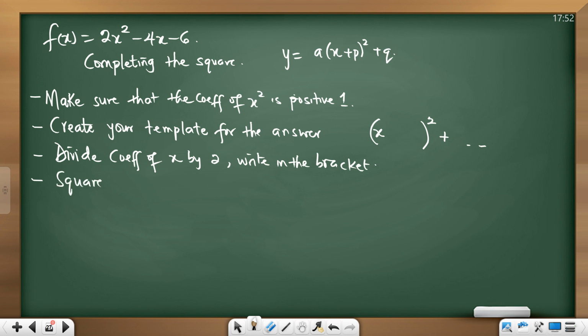Square. So this one will be what? B over 2, right? Square b over 2 and subtract it outside the bracket.